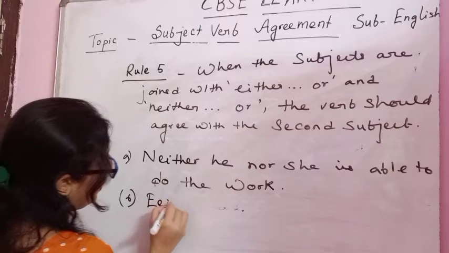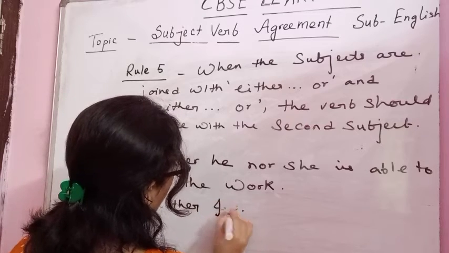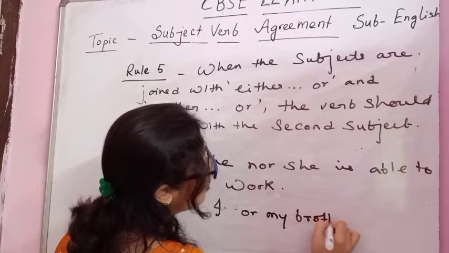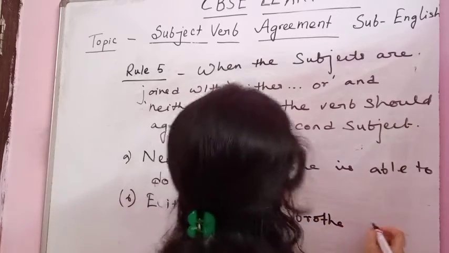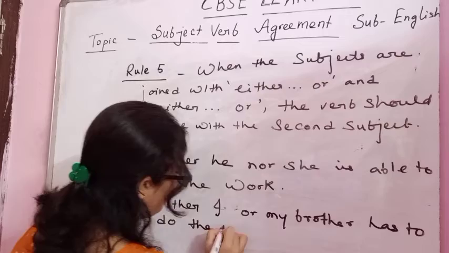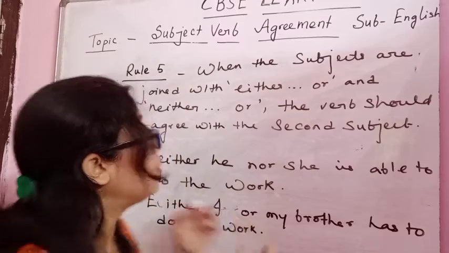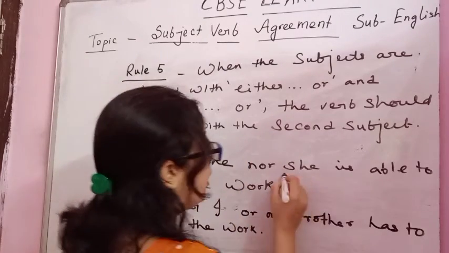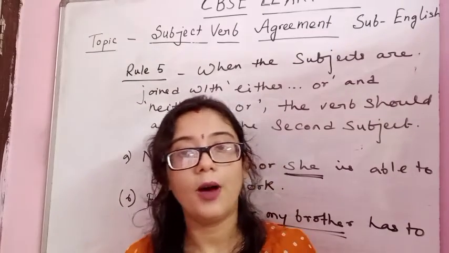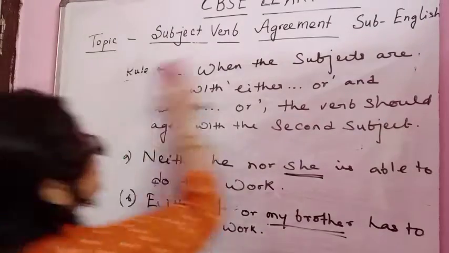Either I or my brother has to do the work. So whatever subject you are using as the second subject, the verb should agree with the second subject. The verb will depend on the second subject.